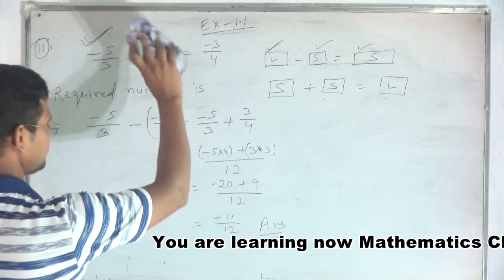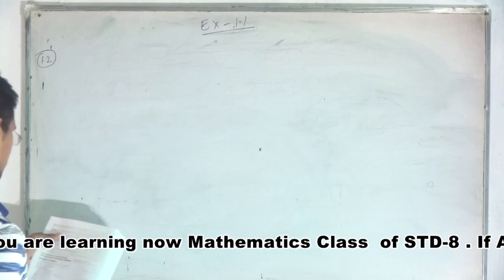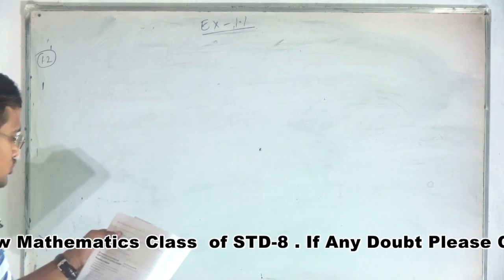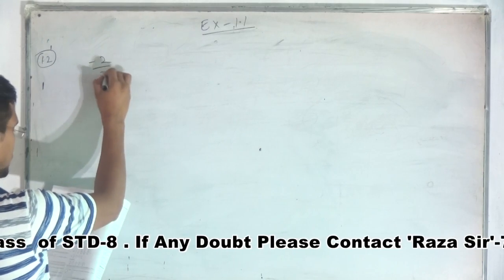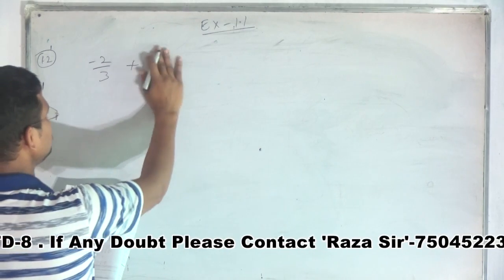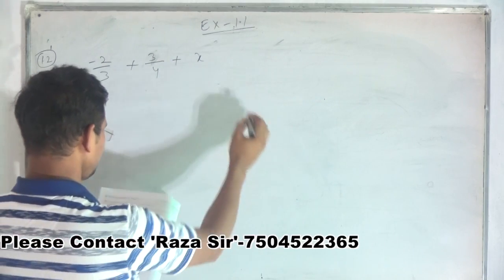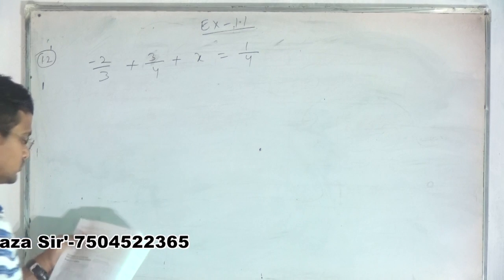Then another number, 12. Sum of three rational numbers. Here the question is: minus 2/3 plus 3/4 plus x is equal to minus 1/4.